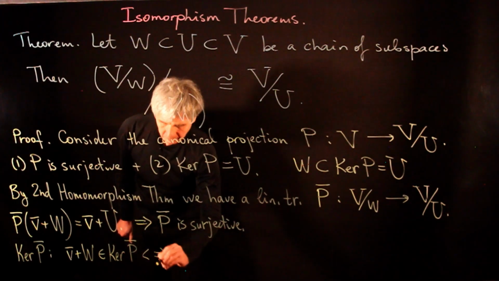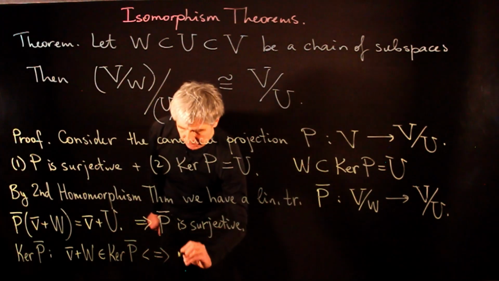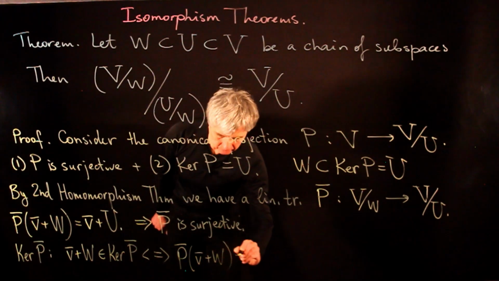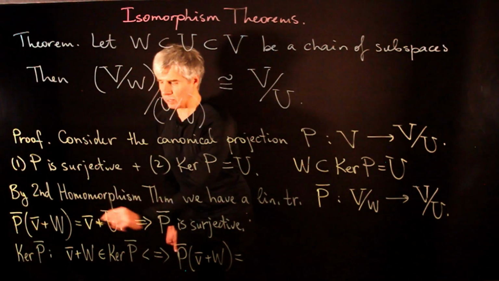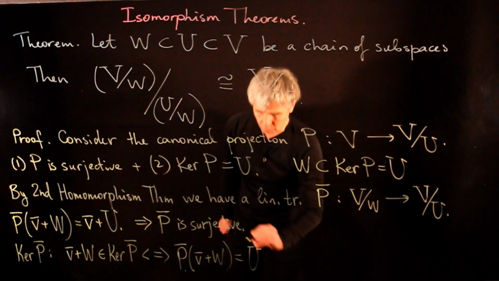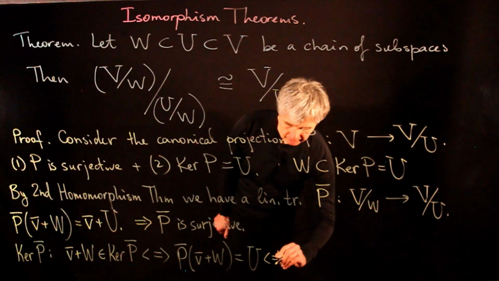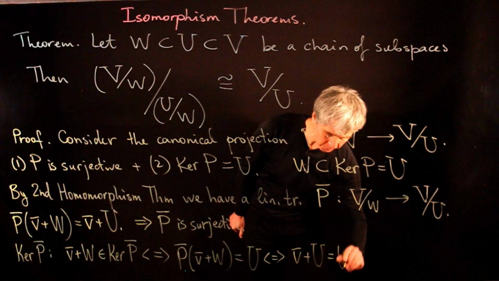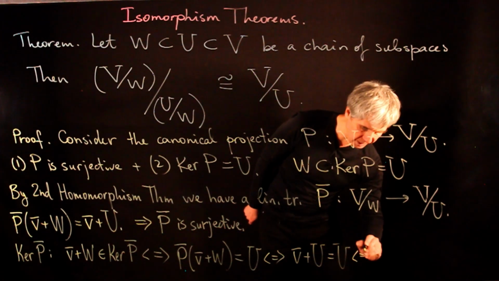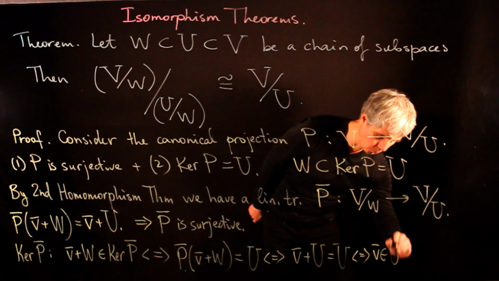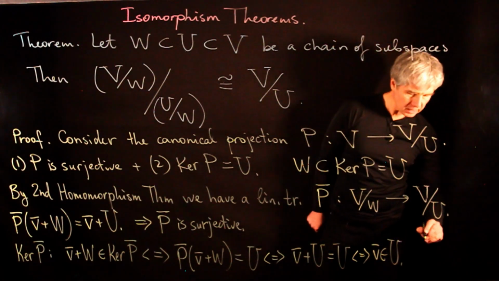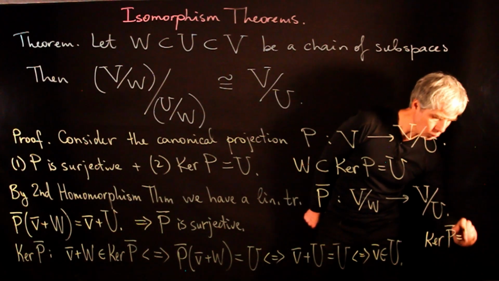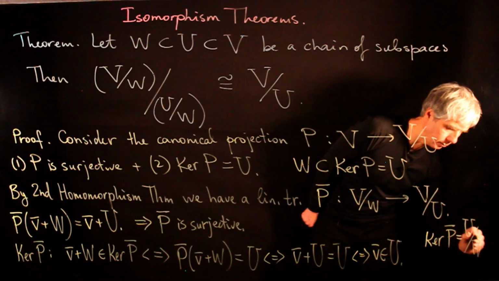This is equivalent to saying that P bar of this class, V plus W, is the zero class here, but the zero class here is U. And this is equivalent to saying that the coset V plus U is equal to U, which is equivalent to saying that vector V belongs to U. Now this tells us that the kernel of P bar is the quotient space U quotient by W.